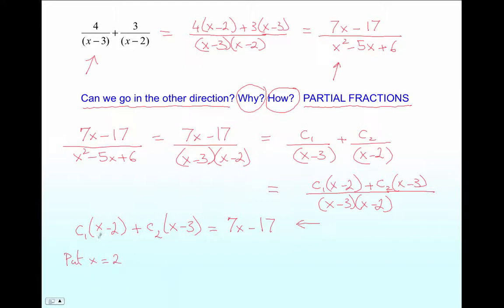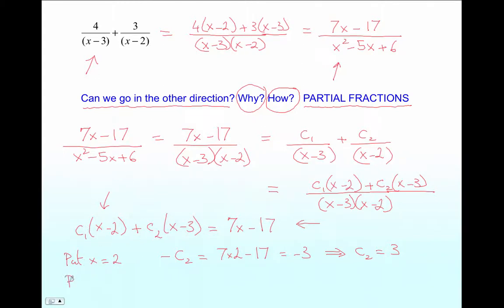Now the easiest way of doing this is first put x equal to 2. If I put x equal to 2, notice that this over here is 0, in which case I will have c2 into 2 minus 3, so in other words minus c2 equals 7 into 2 minus 17, which is minus 3, and so that gives us c2 equals 3. Now this equation is true for every value of x.